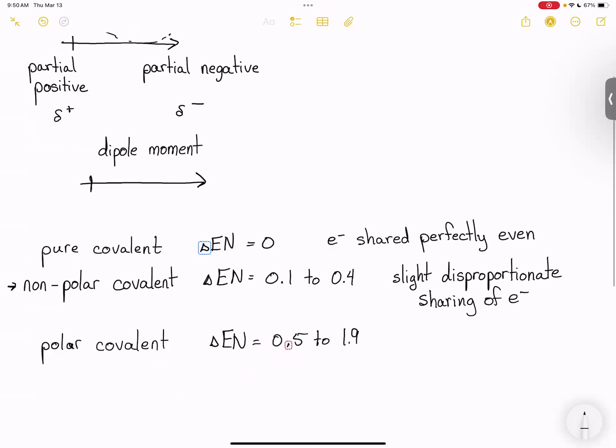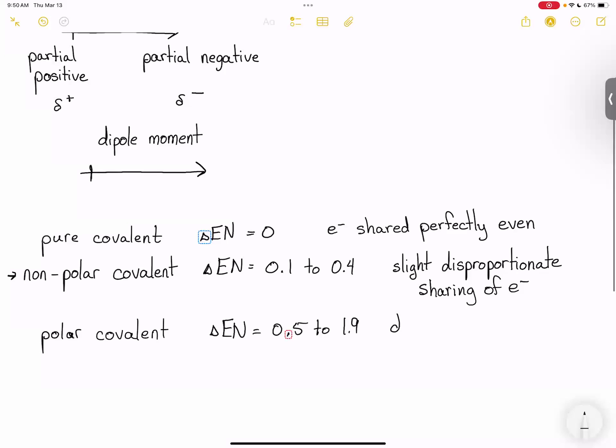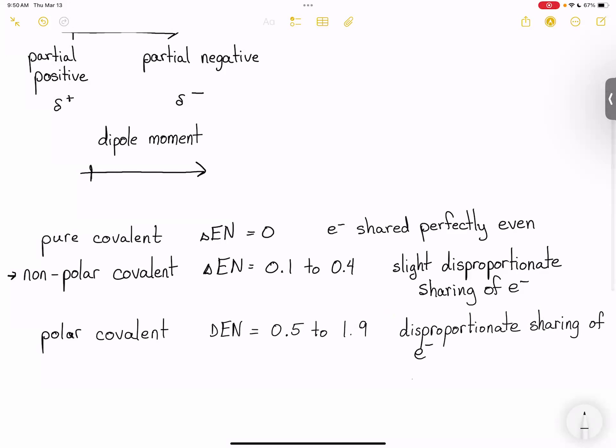It is with this one that a dipole moment arrow is typically required.